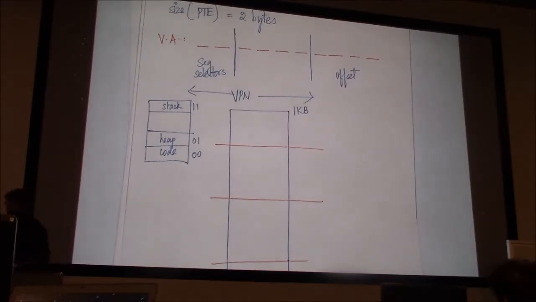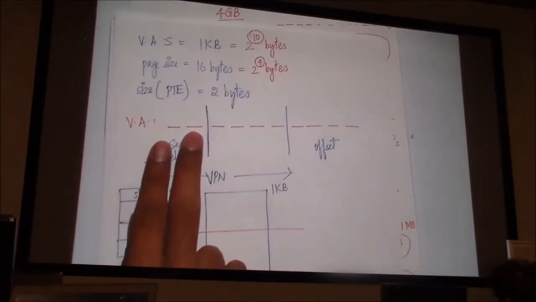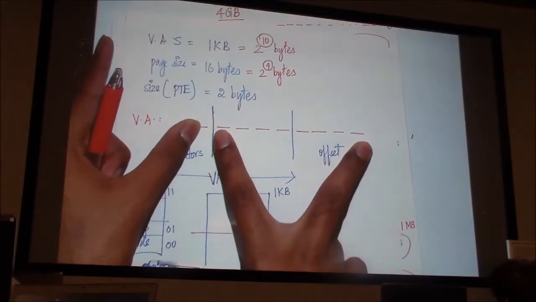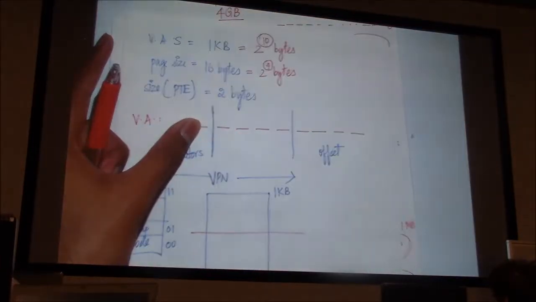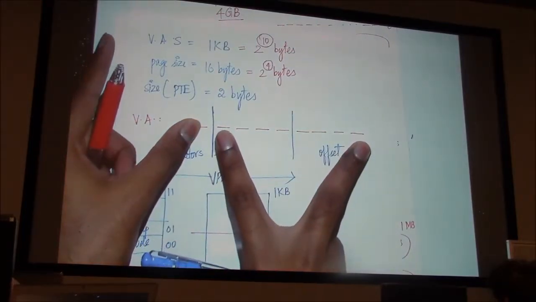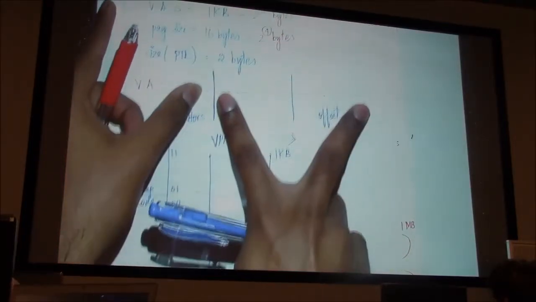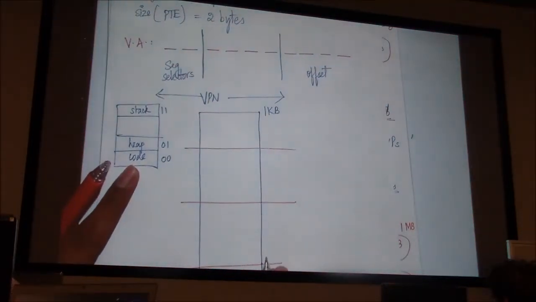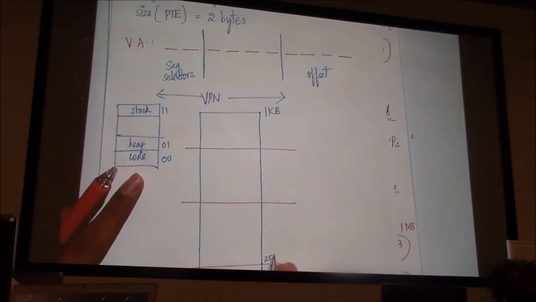Since these 2 bits are segment selector bits, the maximum that we can write in an 8-bit number is the maximum address in the code segment, which is 2 to the power of 8, 256. So it's 255. Code is just going to have from 0 to 255, or you can think of 256 as the start of the heap segment.